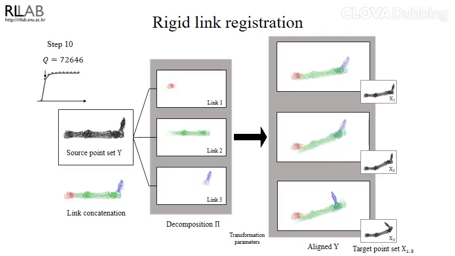As optimization progresses, the objective Q value becomes larger and we can recover target point sets more closely. At the end of optimization, we successfully decompose the source point set and align the source point set to the target point sets.